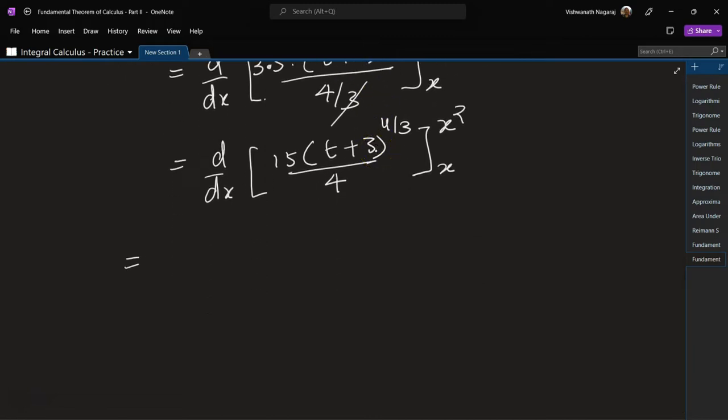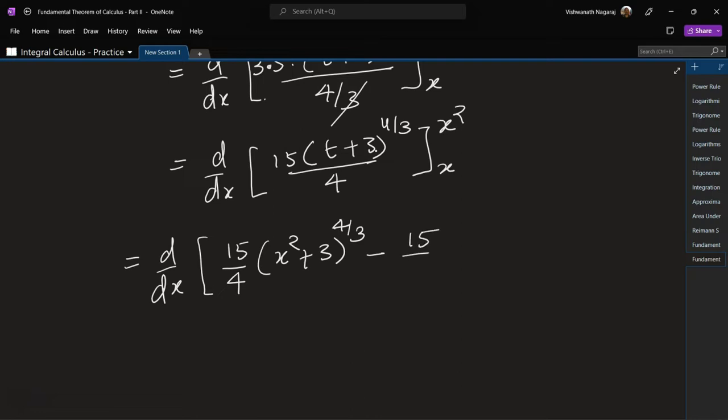Now let's expand it. Capital F of b minus capital F of a. Okay, 15 by 4 times x square plus 3 to the power of 4 by 3, minus 15 by 4 times x plus 3 to the power of 4 by 3.